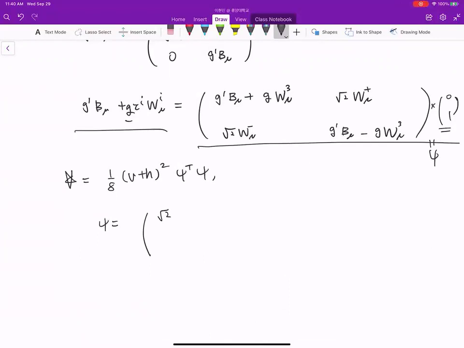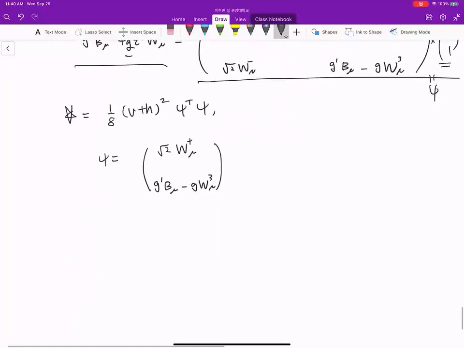So then, after matrix multiplication, you have this one.